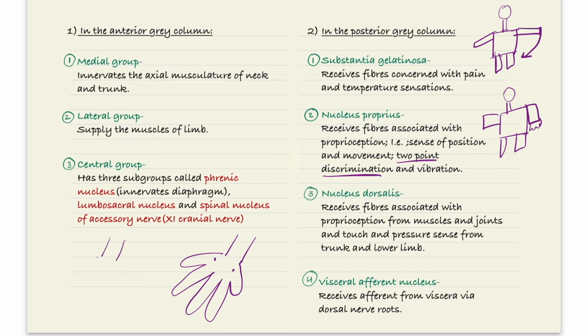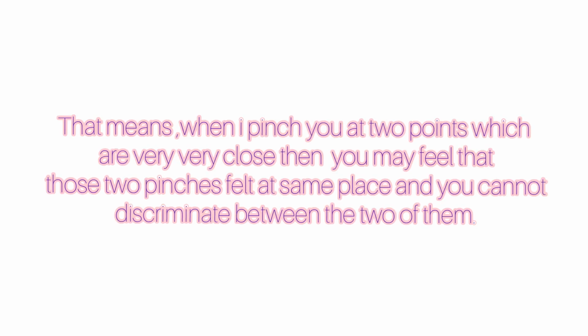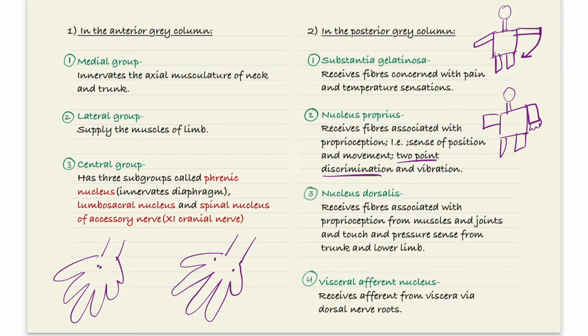But if I pinch here and the next pinch is very close to it, maybe you won't be able to exactly pinpoint where I pinched you. So that is 2-point discrimination, like till how far you can discriminate between the 2 points when you feel something.